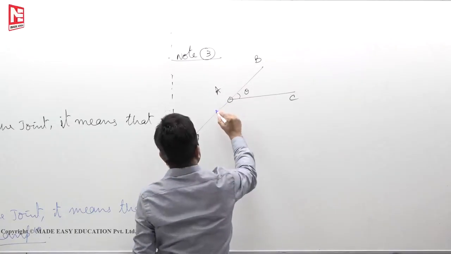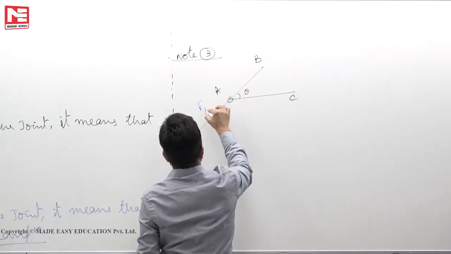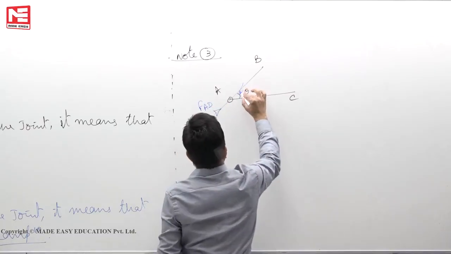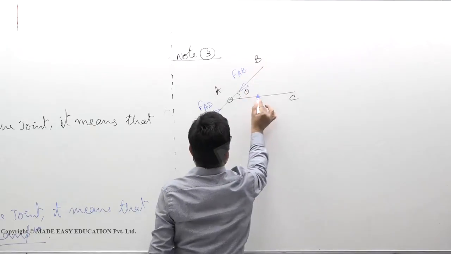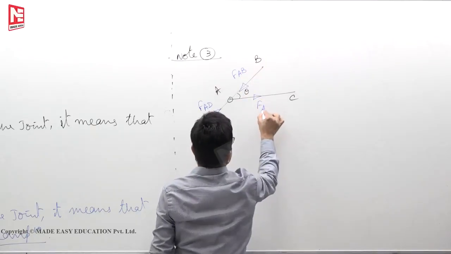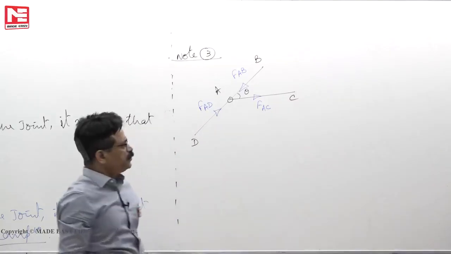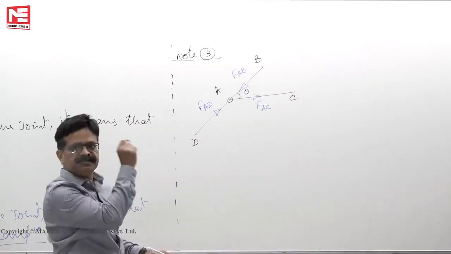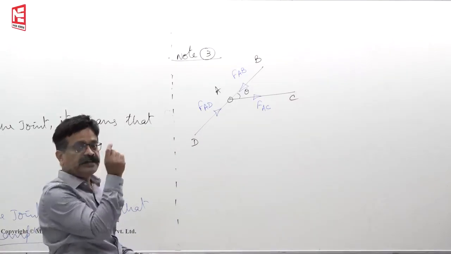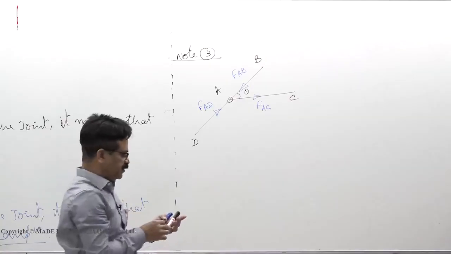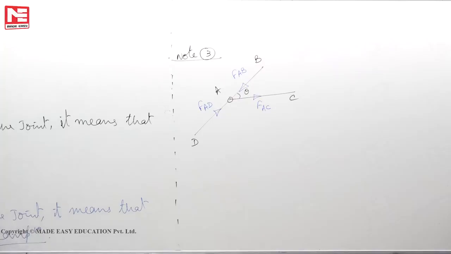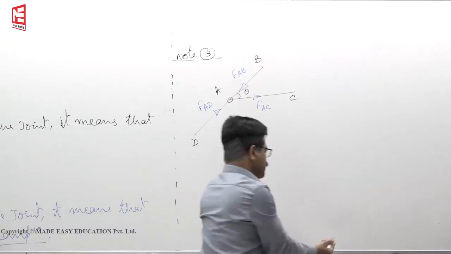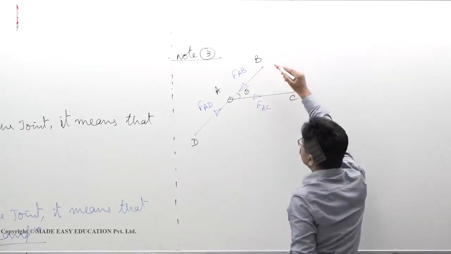Now the force in the member AD, let us say FAD. Force in the member AB, let us say FAB. Force in the member AC, let us say FAC. So there are three concurrent forces meeting at a point. For them to be in equilibrium, one of the forces has to be zero because no external force is acting.